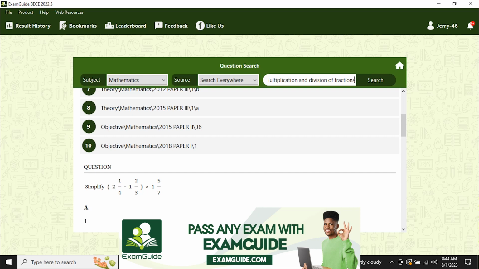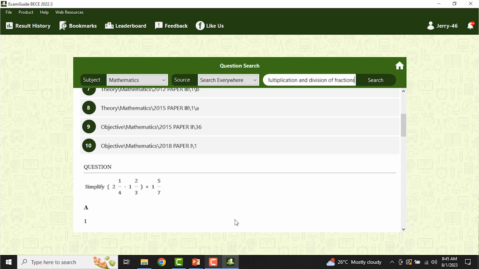It says simplify, open bracket, 2 whole number 1 over 4 minus 1 whole number 2 over 3, close the bracket, multiplied by 1 whole number 5 over 7.